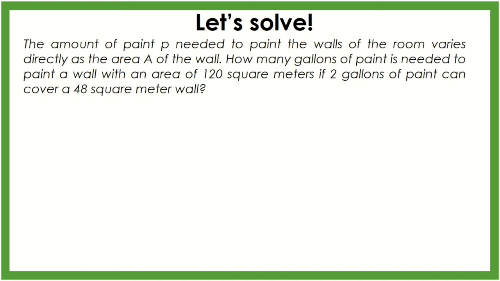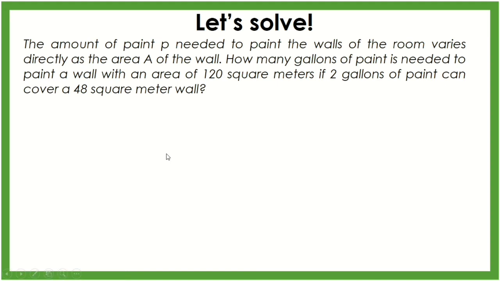Okay, so tinatanong dyan kung ilang gallons daw ng pintura ang kailangan para mapintahan yung wall na ang area ay 120 square meters. Given na 2 gallons of paint ay makukover niya yung 48 square meter wall.